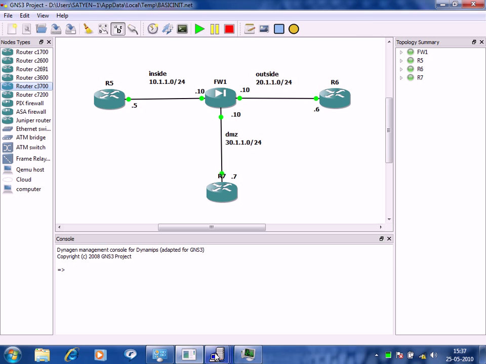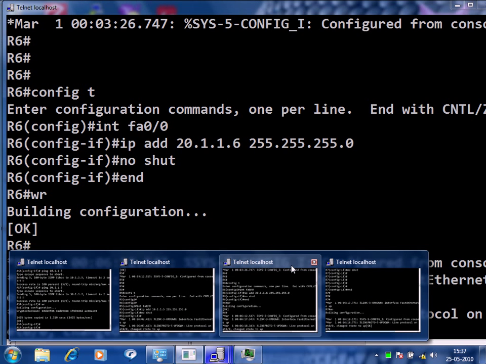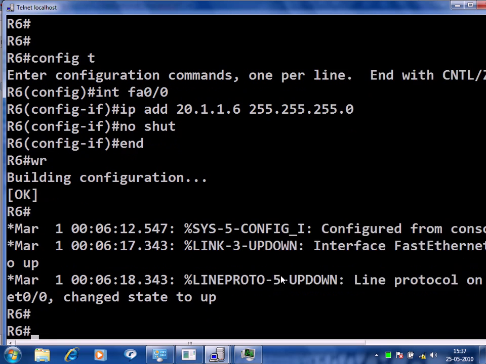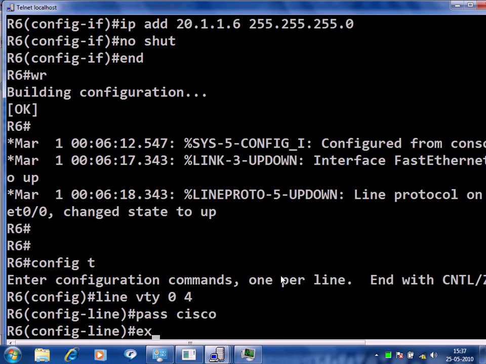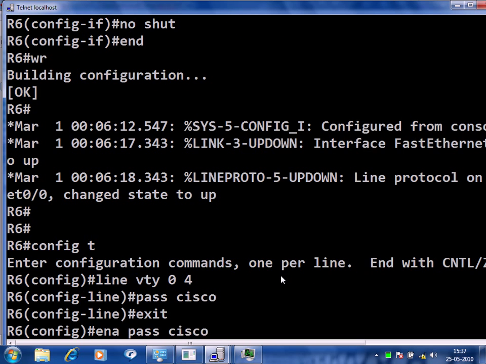Okay, so let's configure Telnet on R6 and R7 and we will verify it. Config t, line vty 0 4, password cisco, enable password cisco.